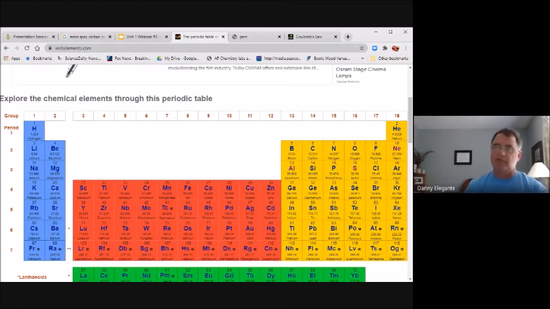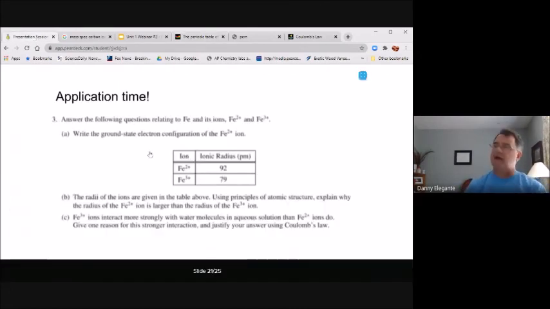So if you wrote the electron configuration for iron, it would be 1s2, 2s2, blah, blah, blah. And then it would say 4s2, 3d6. So the question comes up, if you're talking about the iron ion, what electrons would it lose?